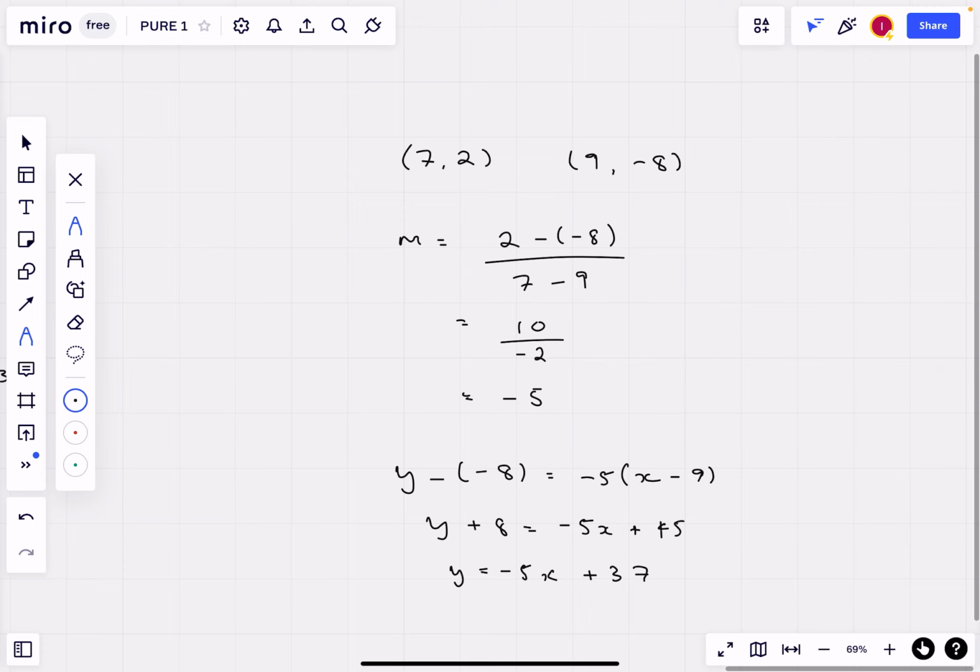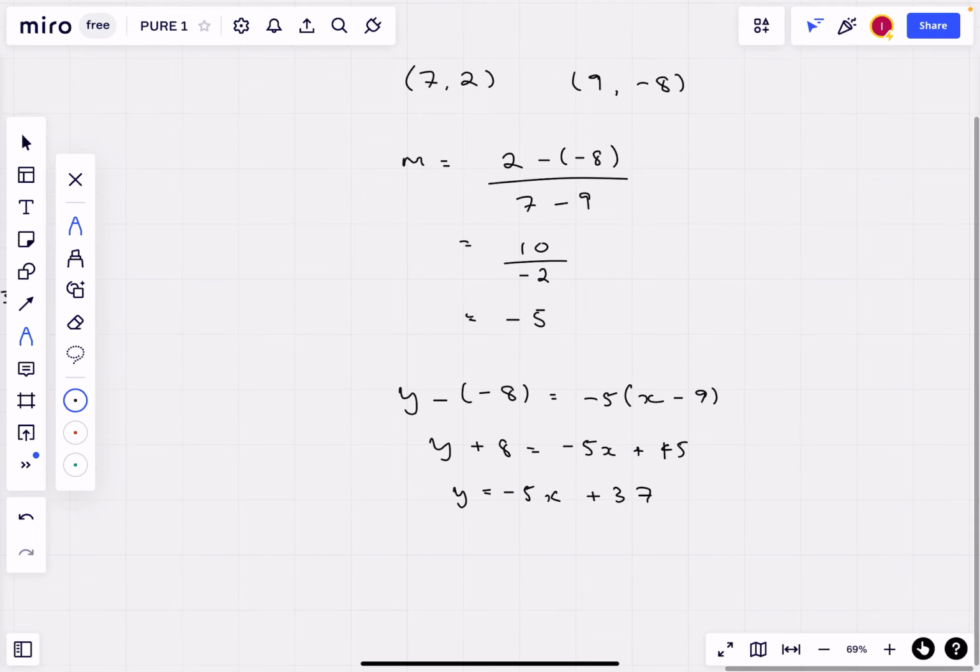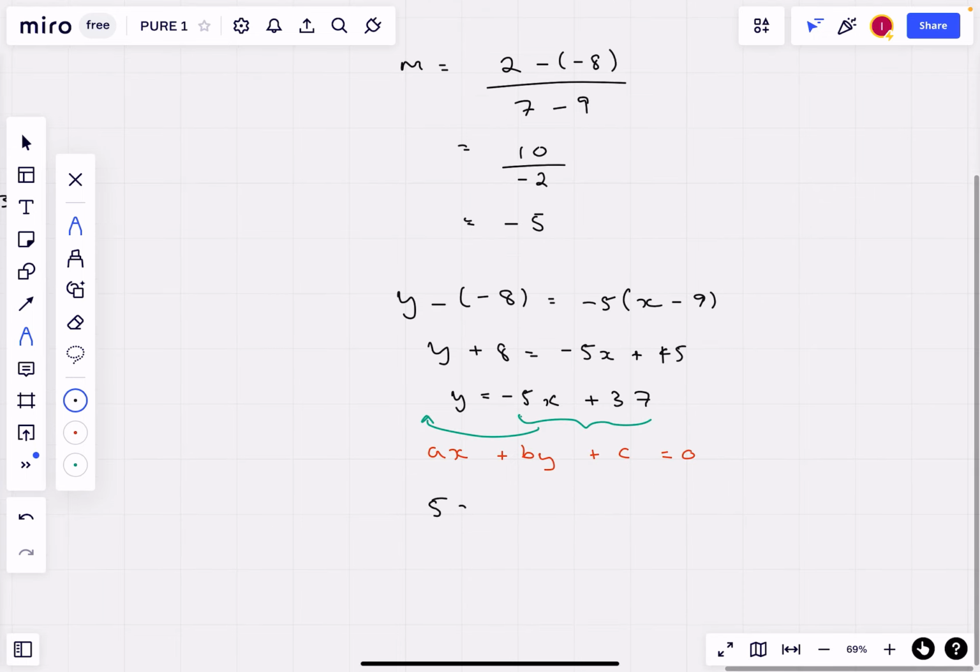Now, it said it wanted the equation in the form ax plus by plus c equals 0. So everything here, you're going to move there. So 5x plus y minus 37 equals 0. There you go. That's the final answer. And that is how you find equations of straight line graphs.